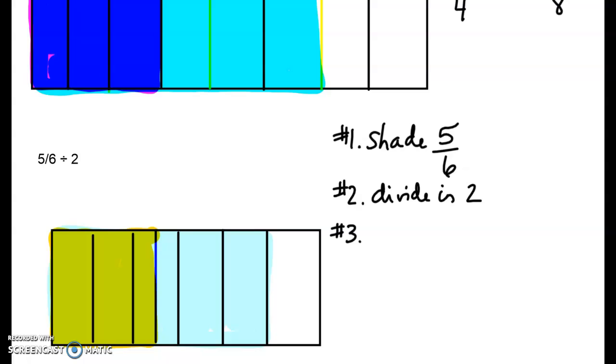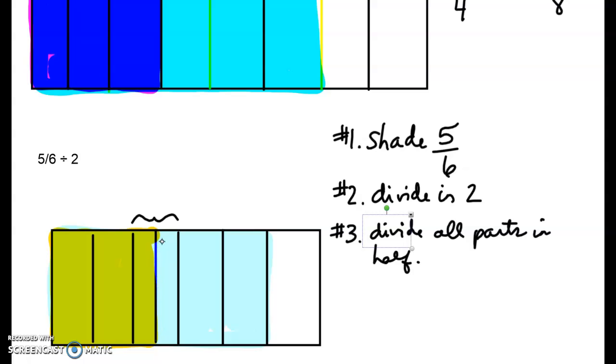All right, now step 3 is to divide all parts in half. Okay, so you can see here, this part that we're looking at, we divided it exactly in half when I drew this, what used to be blue line.